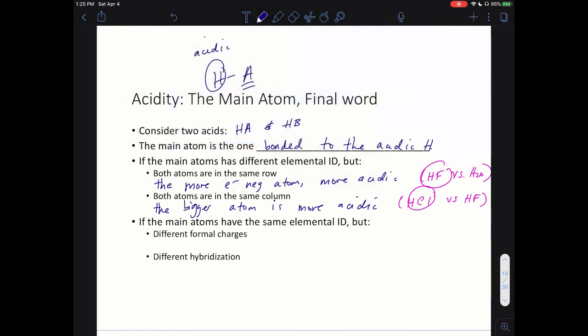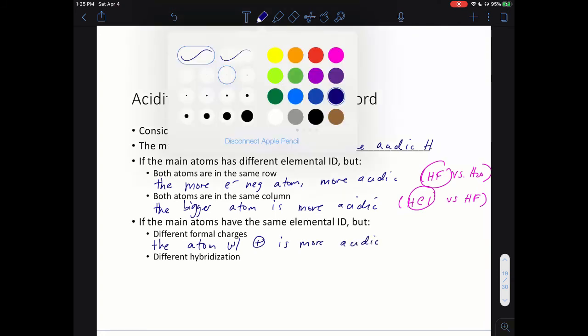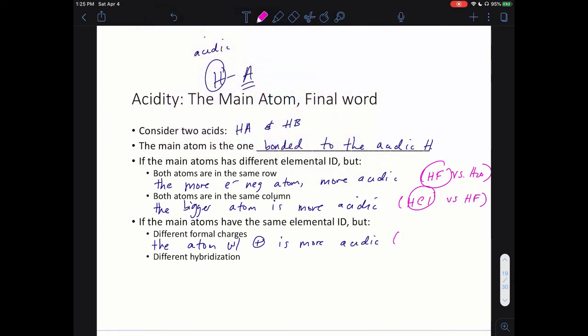All right, finally, this time the main atoms have the same elemental identity, but they have different formal charges. The atom with a positive formal charge is more acidic than the neutral one. Our example here was hydronium versus water.